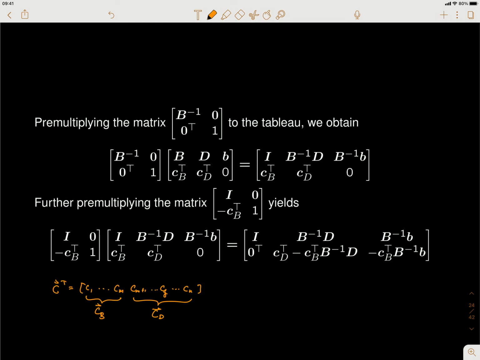This is the vector here where the qth one is CQ minus the CB transpose. This CB is a vector composed of the first m components of the vector C. And then B inverse D is the Y's.